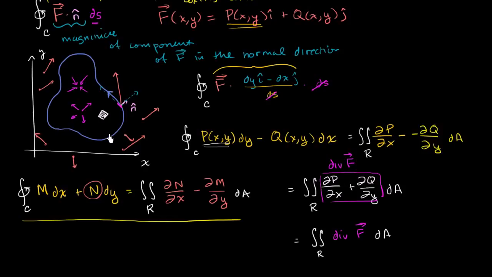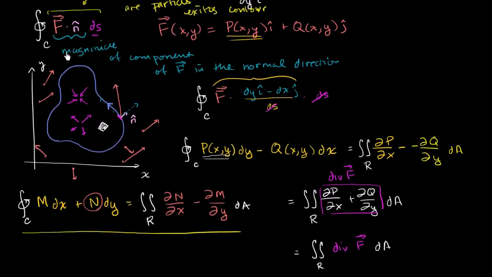So it makes complete sense, or hopefully it makes a little bit of sense. If you were to see how fast things are exiting the surface, it's really the two-dimensional flux. You take the sum over all of them, and that's going to be the same thing as summing all of the divergences over this area that the contour is surrounding.